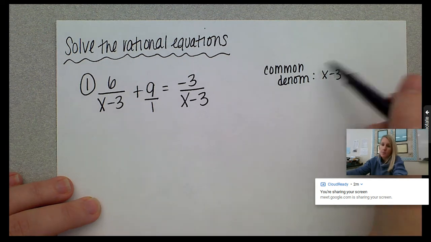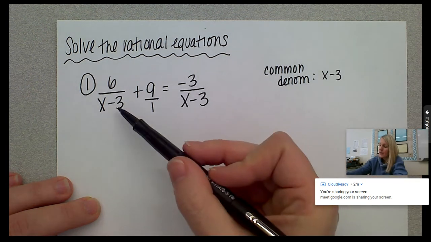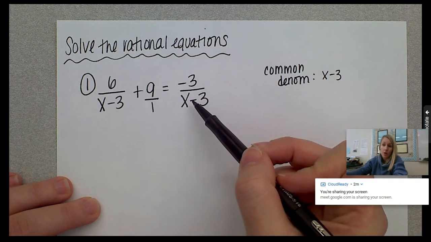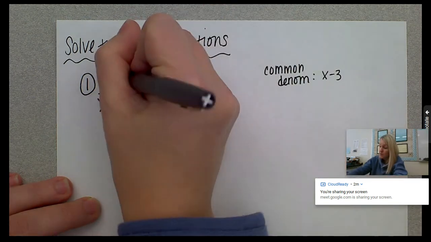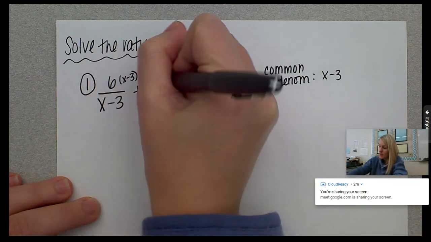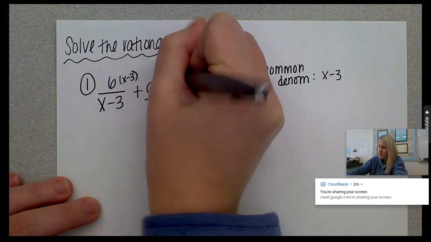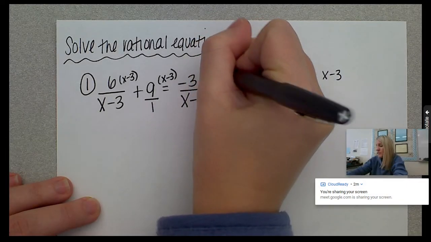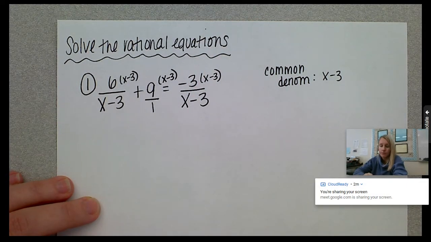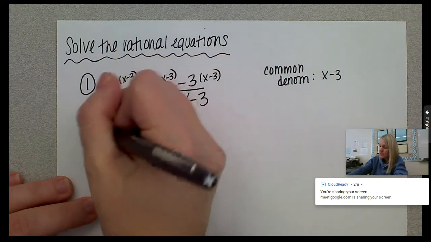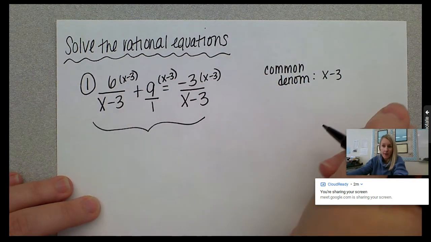Once I know what my common denominator is, I'm going to multiply each term by it. So I'm going to multiply everything times x minus 3. I put it up with a numerator to show that I'm multiplying that. The reason I do that is to hopefully simplify some of my fractions.